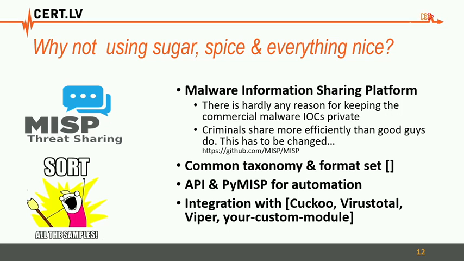Criminals are sharing information much more efficiently than we do currently, and on the bright side, this should be changed, and the tools I'm presenting can help us do that. And keep this information on IOCs more structured and available, so it doesn't go into a black hole like it usually does if we have just a sandbox solution.